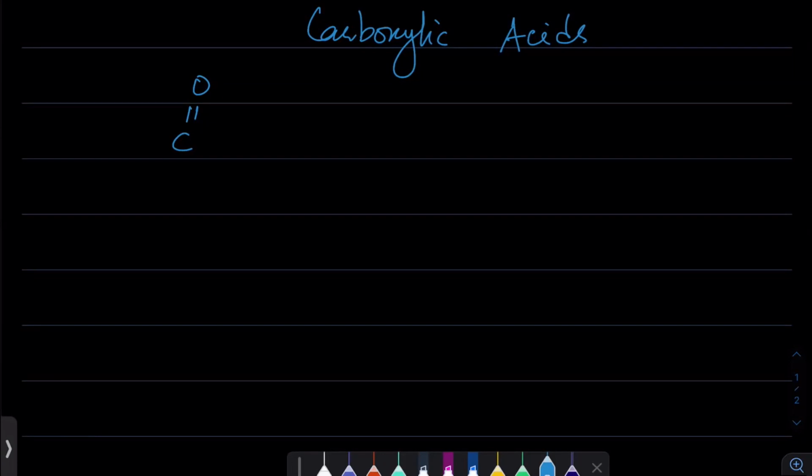carbonyl compounds because their behavior changes drastically the moment you add another oxygen. Because now, with this oxygen, they're going to behave very differently compared to, let's say, the CHO that we had or the other carbon groups, the ketone part that we had.